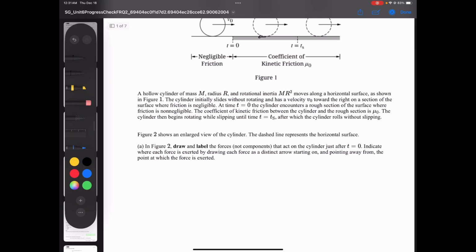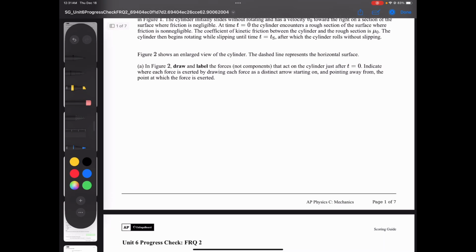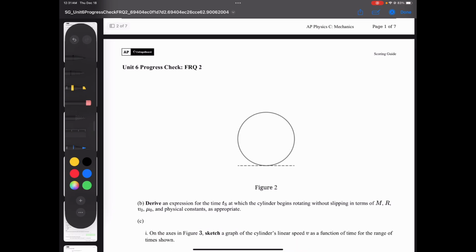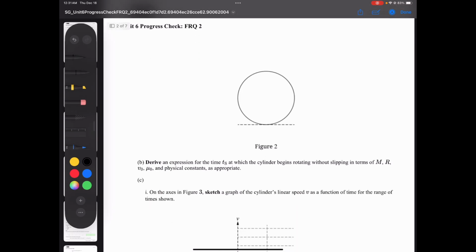So for this one, what we need to do is start by drawing a free body diagram. I would always recommend starting with the force of gravity. What's important about free body diagrams for objects where the rotation matters, where there's a torque, is that the location of the force is very important.